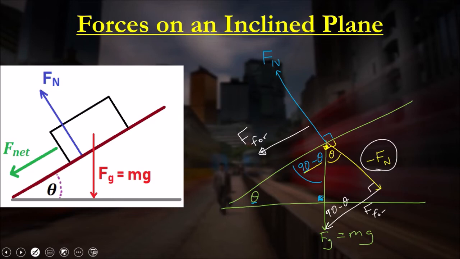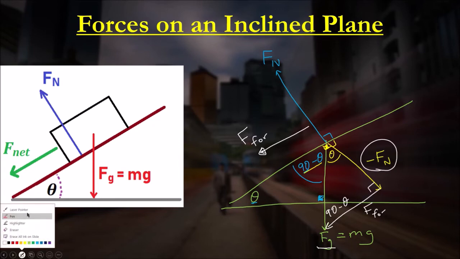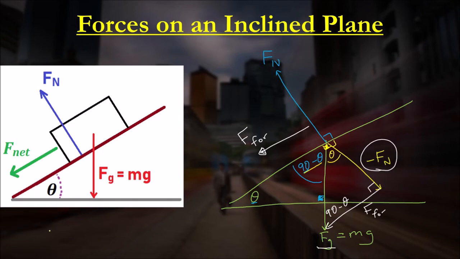The normal force here is just a component of the weight force. Why do I say that? Have a look here. We have theta, so we know that theta is there, so we can use a trig ratio. We have this component, which essentially acts as the adjacent side. We have this component of Fg coming down this way, and that's the hypotenuse.